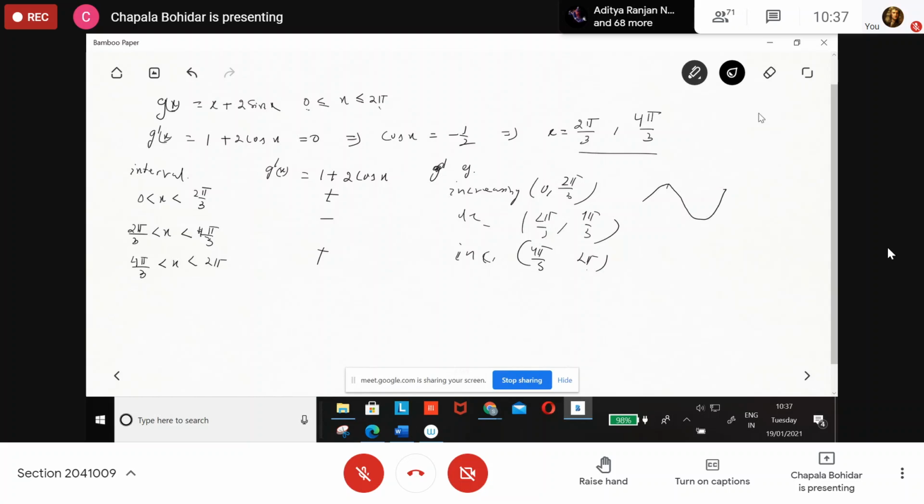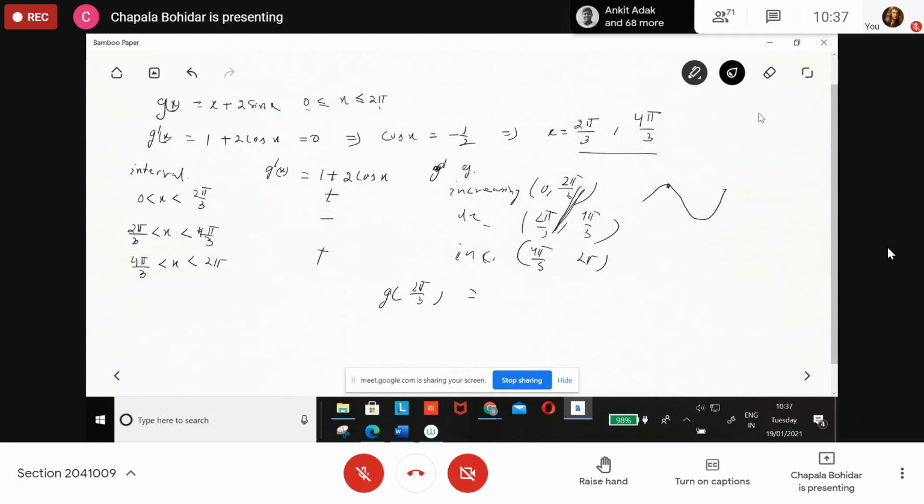So local maximum at where? Yes, local maximum at 2 pi by 3. So find out your value g of 2 pi by 3.